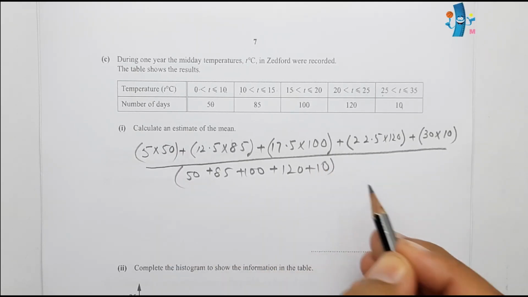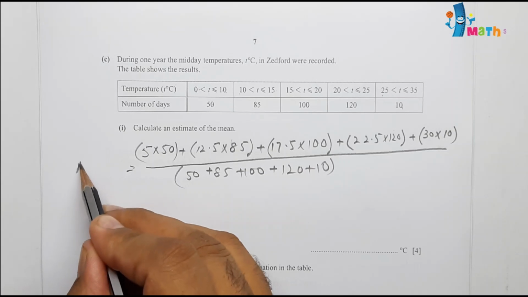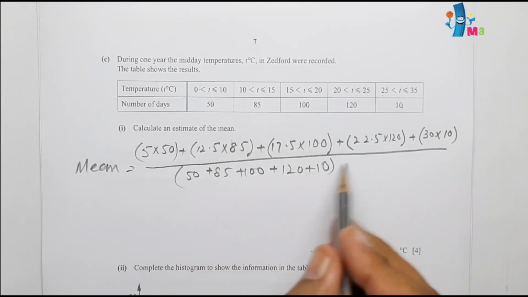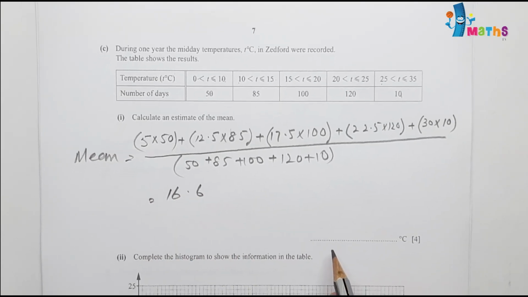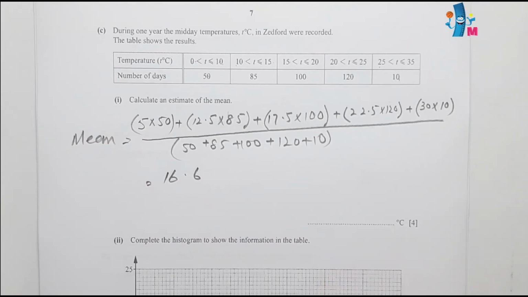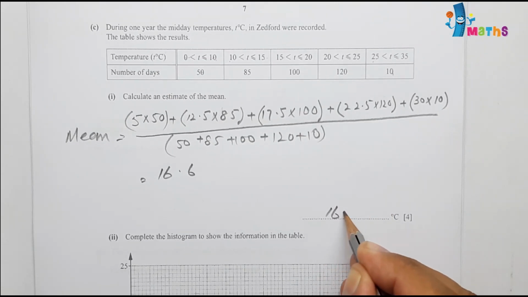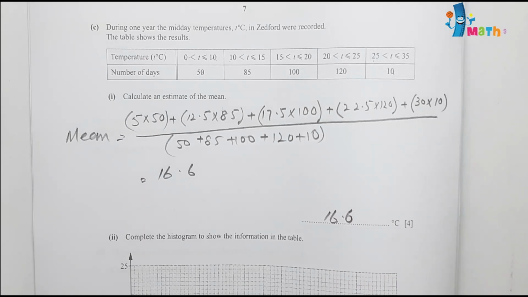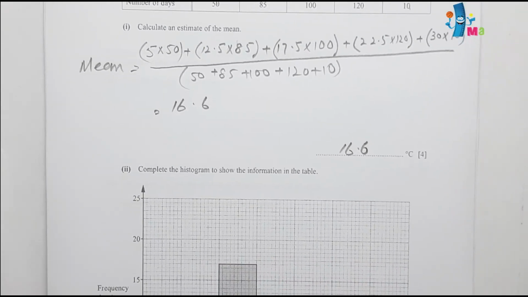So this will be the estimated mean, and if we put it in the calculator, we get 16.6, and we can write down the answer as 16.6 degrees Celsius.